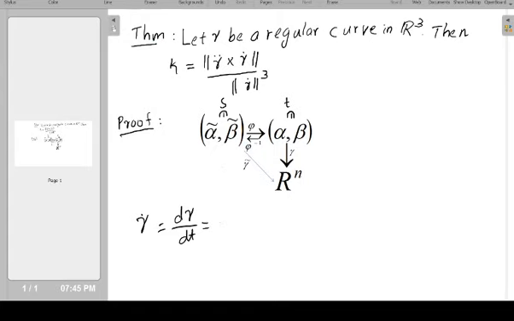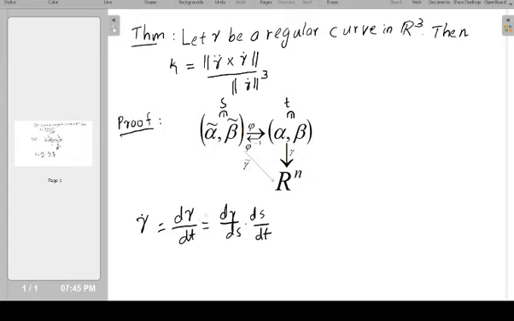Here the variable is s and here the variable is t. So it is d gamma by ds into ds by dt. This is by chain rule, where this is the unit speed reparameterization, gamma tilde.